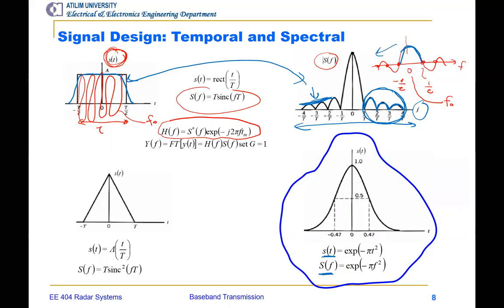This is exponential waveform, Gaussian waveform, whose spectrum is again a Gaussian pulse.